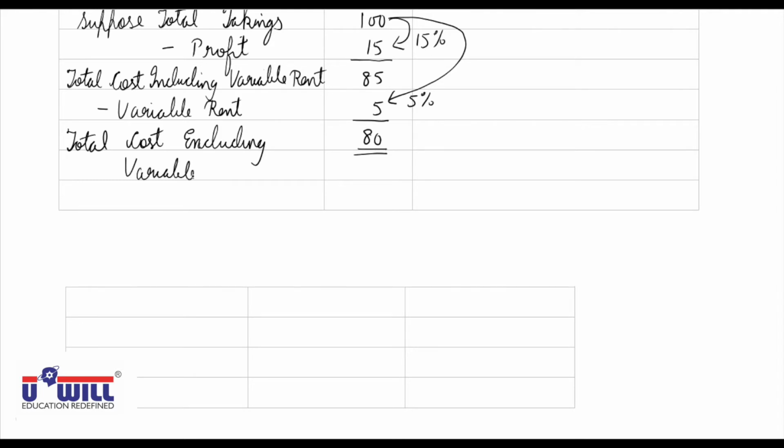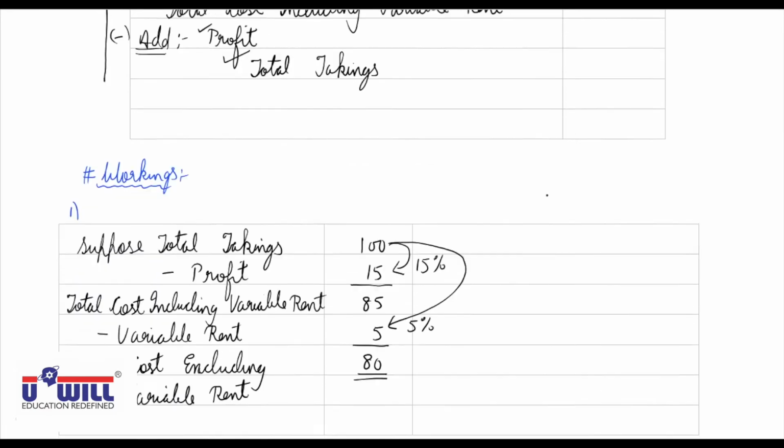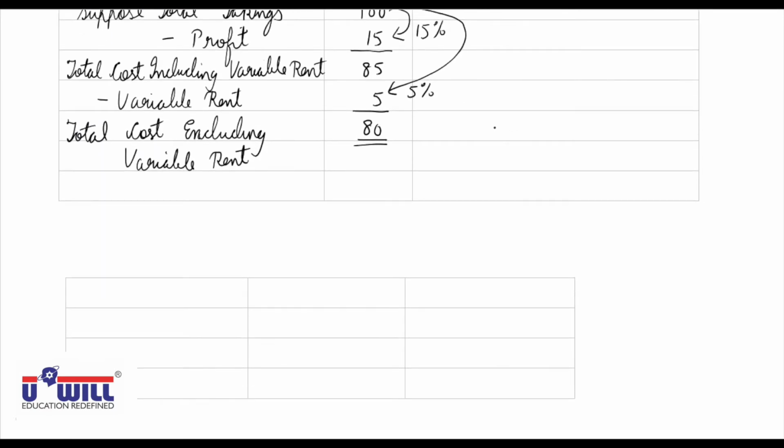Now based on this we will be able to find our variable rent and profit, because total cost excluding variable rent we know is 23,75,000. So against this we'll write 23,75,000 total cost excluding variable rent. So what would be your variable rent? 23,75,000 into 5 divided by 80. All of you do it in the calculator.